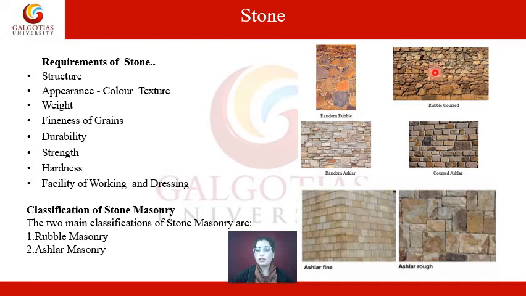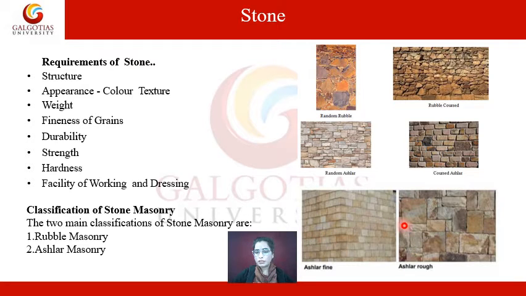They are chiselled in comparison to random rubble masonry, and you can see some alignment and courses in the coursed rubble masonry. Again, this is an example of random ashlar masonry, and this is coursed ashlar masonry. This is an example of ashlar fine. You can clearly see the even sizes and shapes of the stone and the course system of the ashlar masonry.